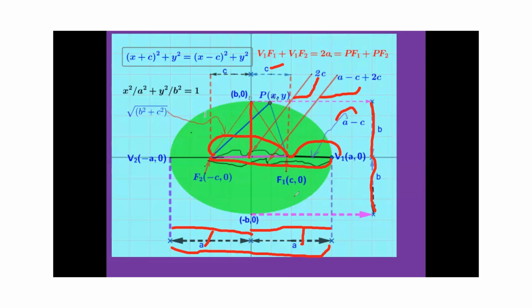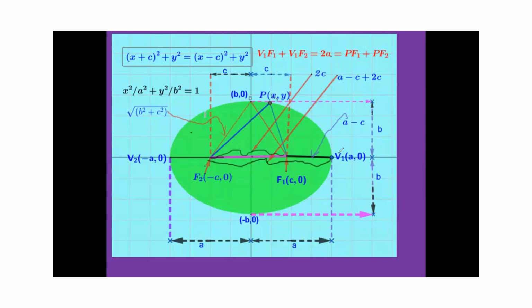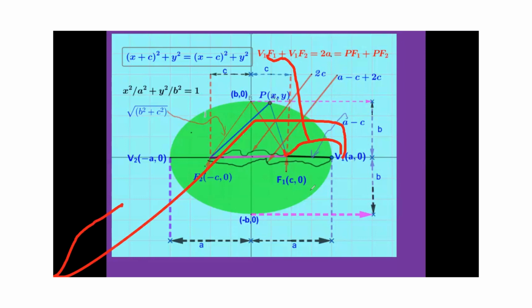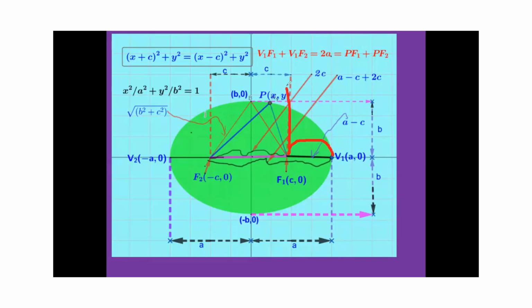Therefore, the total distance from V1 to F1, which is V1F1, plus from V1 to F2, which is V1F2, equals 2A, which is the length of the major axis.